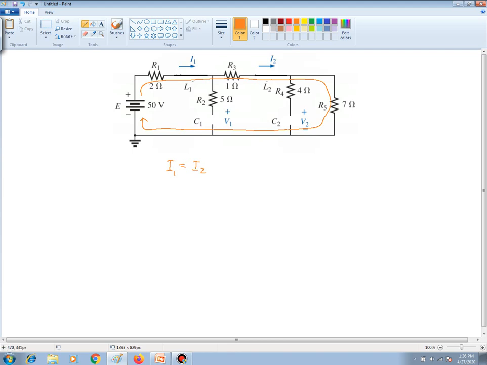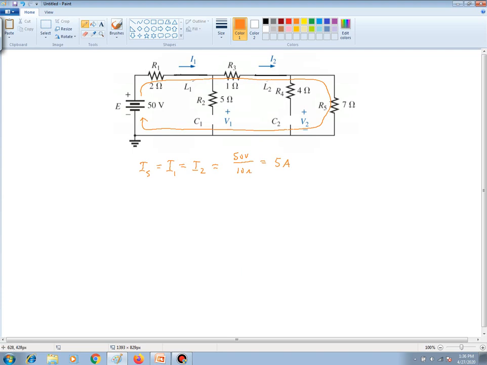And really, those two currents are the same as what we call I sub s. So therefore, I sub s is equal to 50 volts divided by all the resistance in that path, which is going to be R1 plus R3 plus R5, and so that is 10 ohms. So the current is equal to 5 amps.